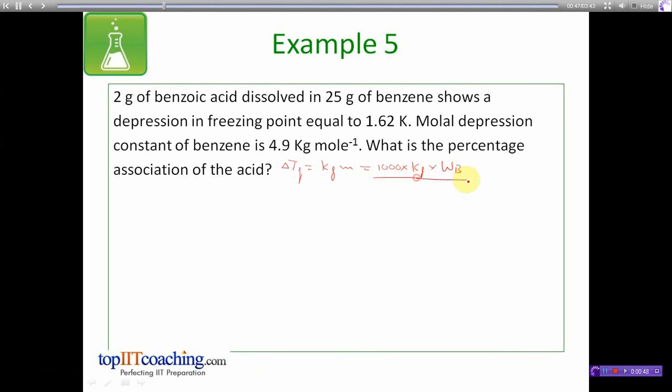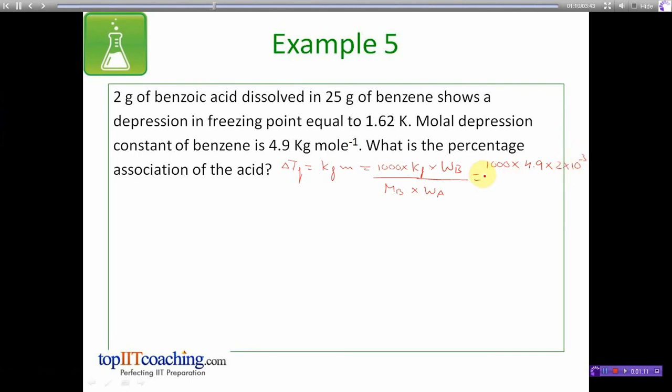1000 into Kf into Wb divided by Mb into Wa. On substituting the values, we get 1000 into Kf, which is given to us 4.9 kilogram per mole.